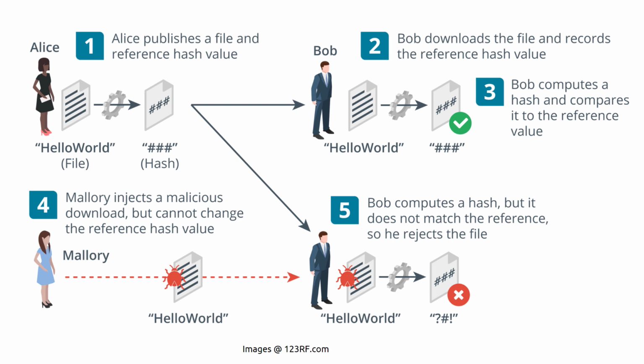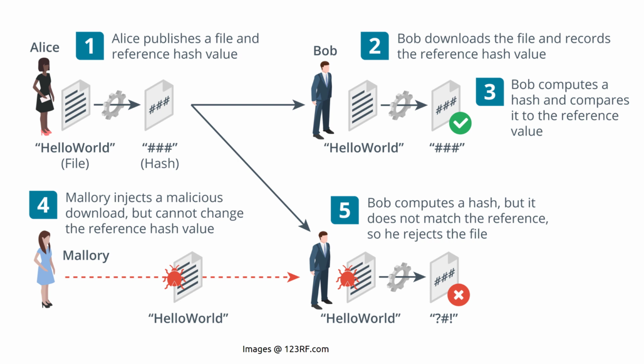Here, stage one, Alice will publish a file and the reference hash value. So the file right now that she's sending to Bob is hello world. The text hello world will be hashed and will produce the hash value. Now, stage two, Bob is going to download the file and will also record the reference hash value. So Bob has the hash value that he has gotten from Alice. However, he wants to make sure that the hash value is actually correct and that the message he got from Alice has not been tampered with.